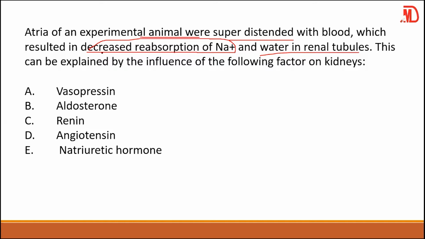So always look at the question very well and analyze it. It is resulting in decreased reabsorption, which means more sodium is being excreted with water. So you take a hormone that is a sodium excreter, and natriuretic hormone is a sodium excreter. Don't go and say it is vasopressin.